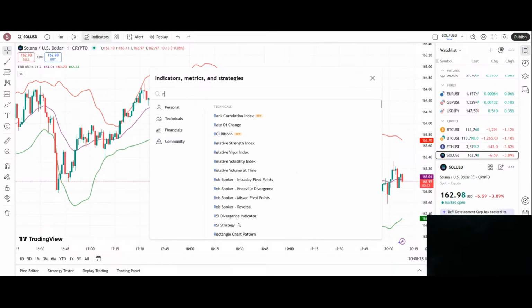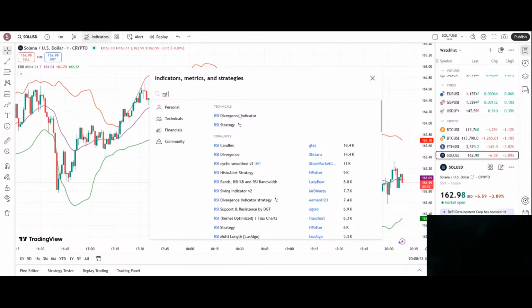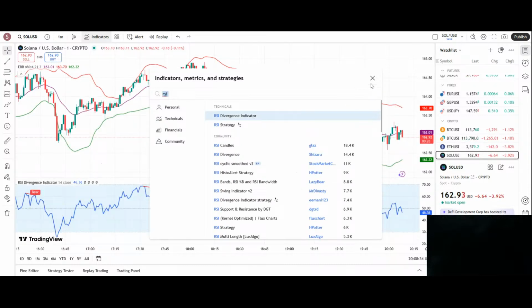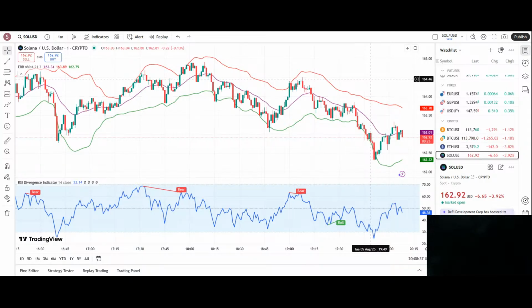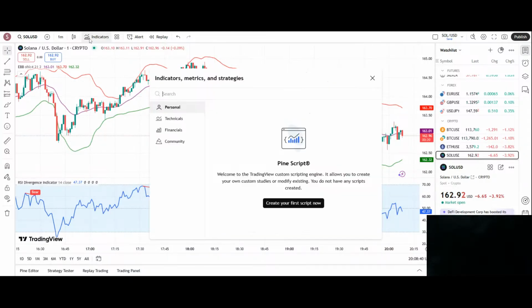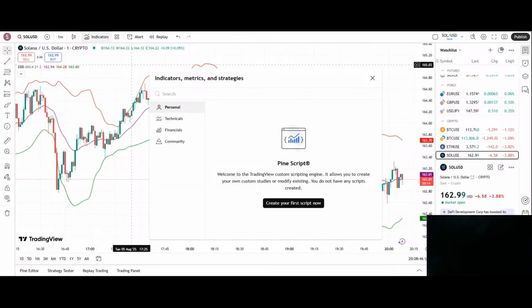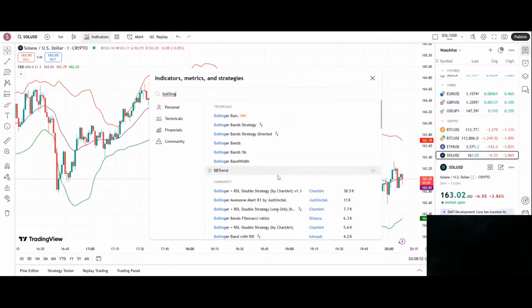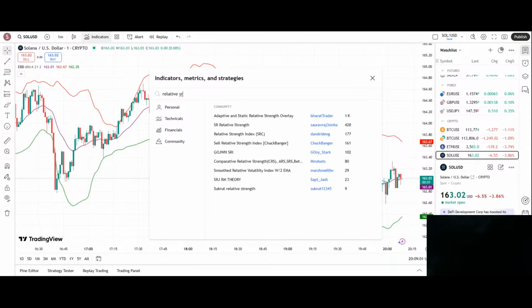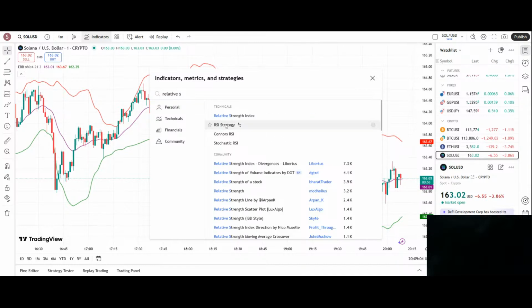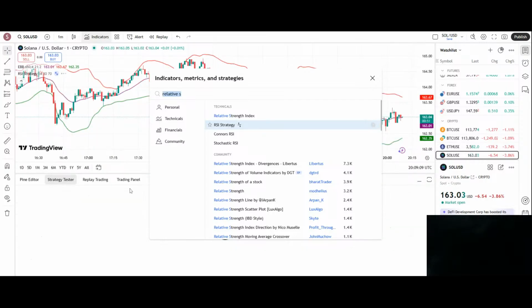Indicators. No. Don't like that one. Still playing around trying to find my favorite indicators. Nope, not there. Is it this one?